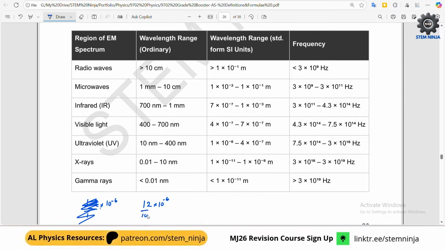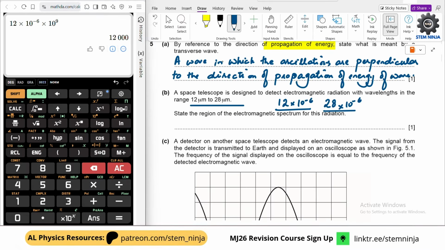So you divide by 10 and multiply by 10 to do that. So this becomes 1.2 times 10 raised to the power minus 5. So minus 5 would be in between this region. Okay, so infrared.